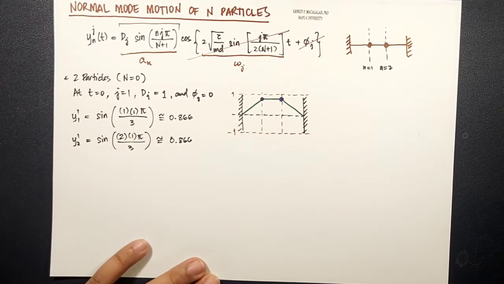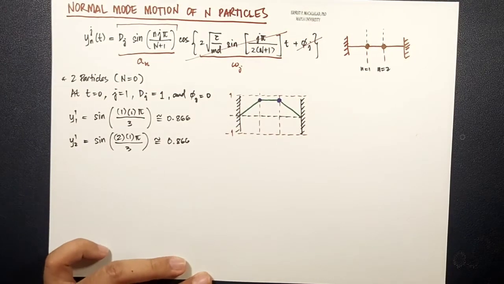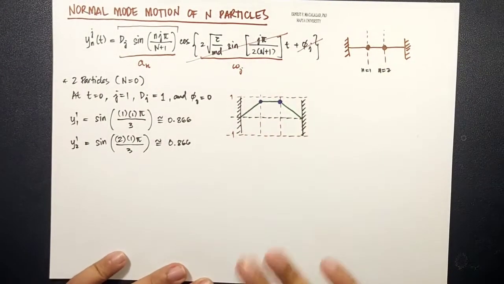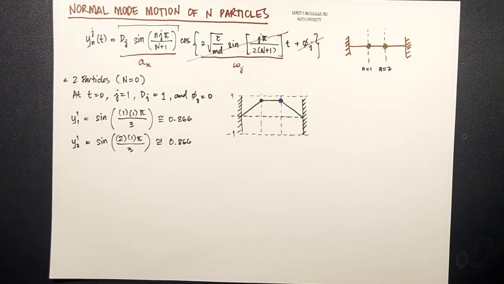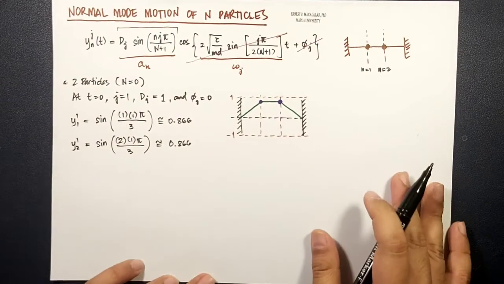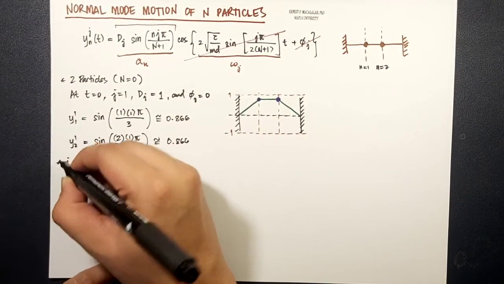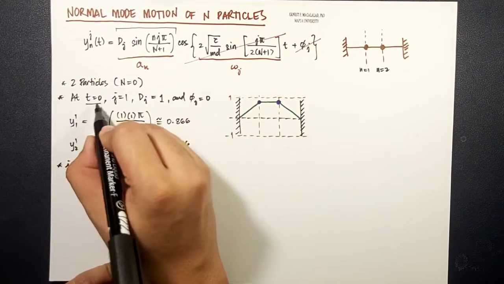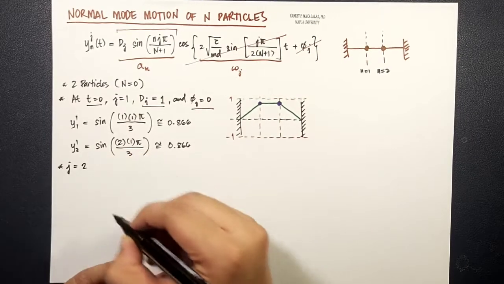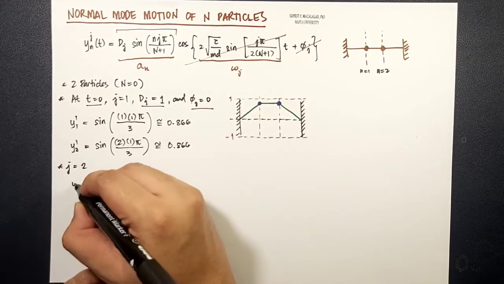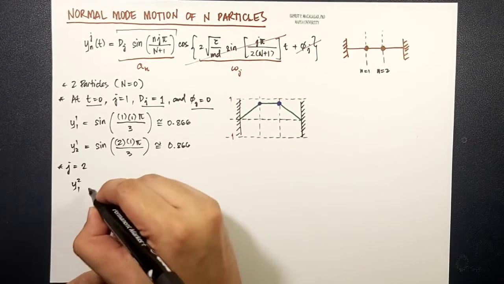Now let's go to the second mode, with the same d_j and phi, but this time j equal to 2. So this is y_1, the first particle at the second mode.